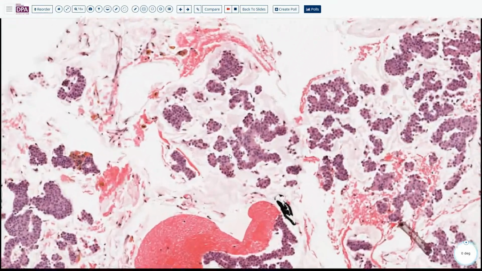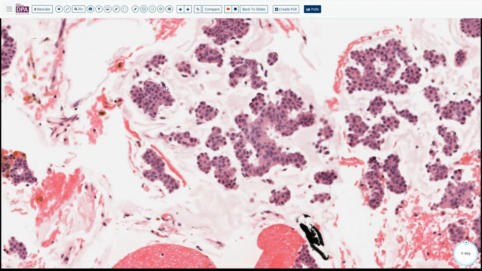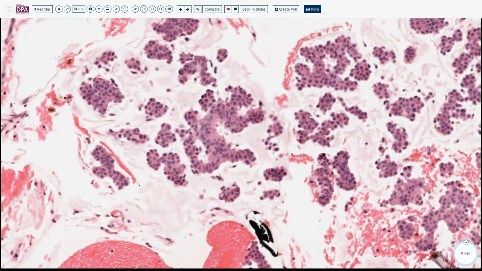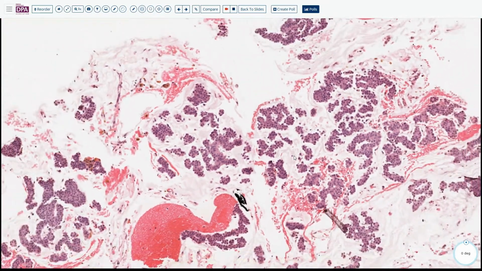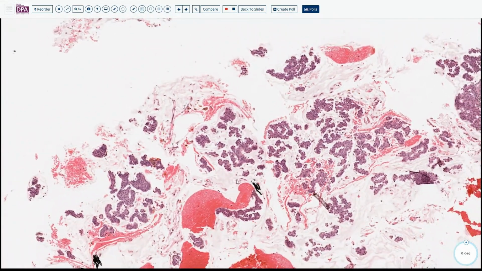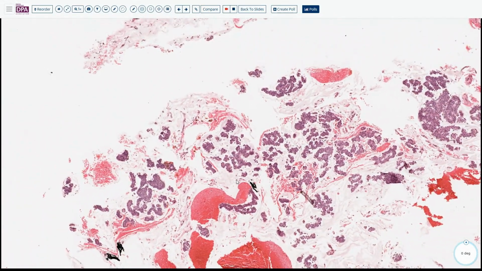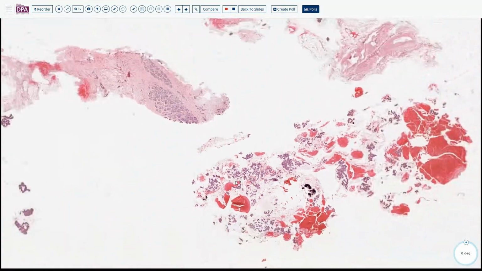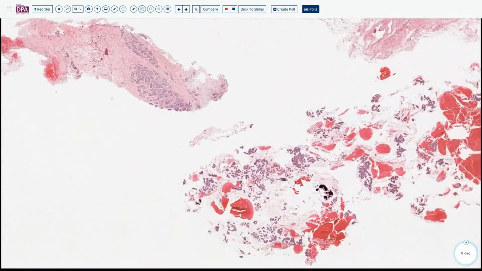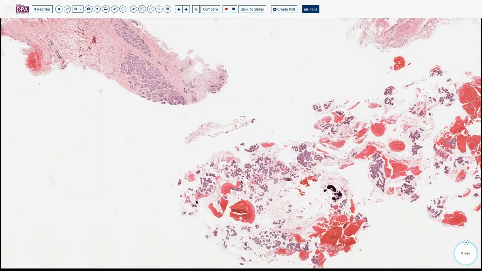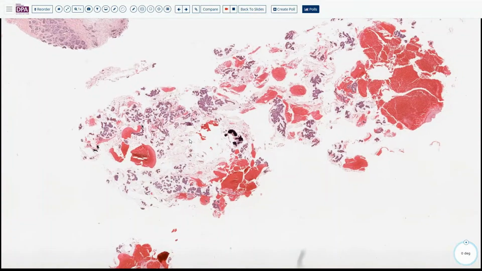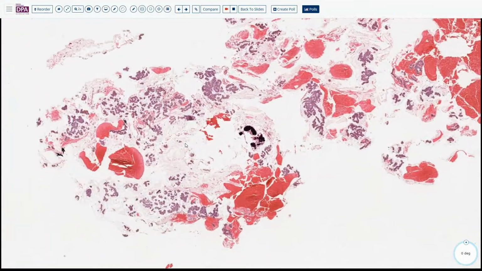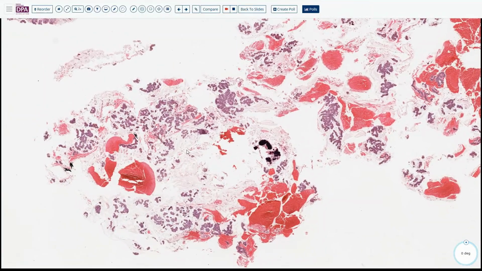And the nuclear features are low grade. So when the cells are floating in mucinous material, we will call this mucinous carcinoma. But in the breast, especially since this looks like a core biopsy, if we do not have this other piece and you see only this piece, we need to sign out ductal carcinoma with mucinous features.